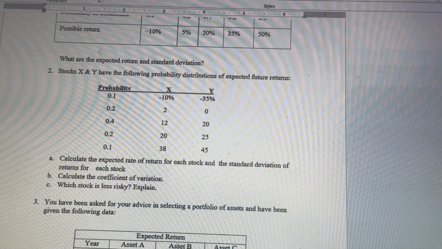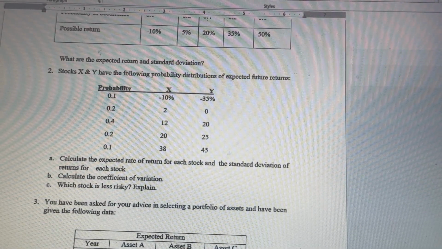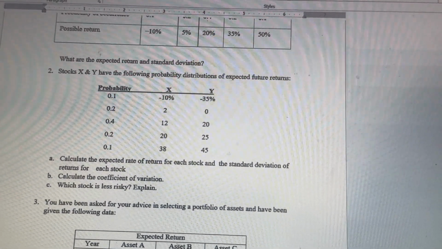Okay, there are 2 students who updated the answers. Others, please. We can check the answer.